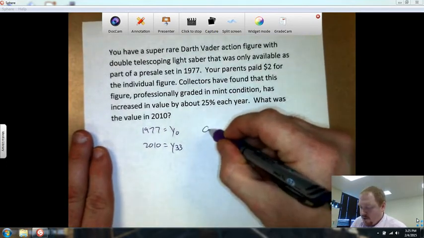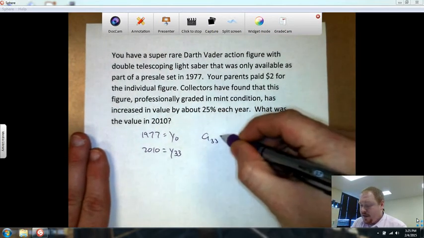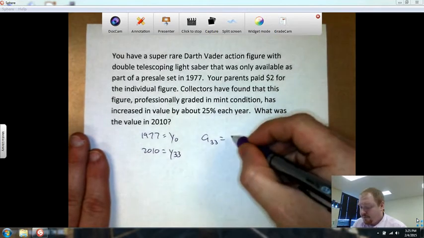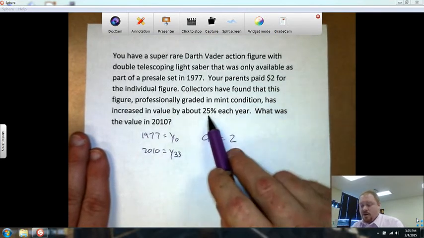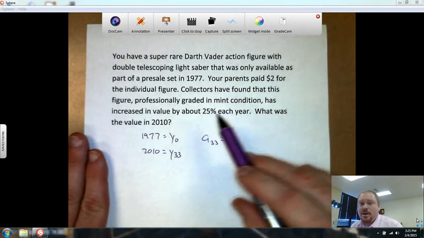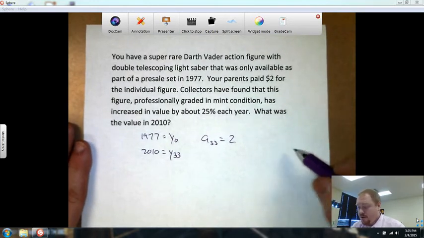So a sub 33, because that's what we needed to find, equals the value of that action figure at the time, $2. Now, it's increasing by 25%, so we need a way to incorporate that into our value.